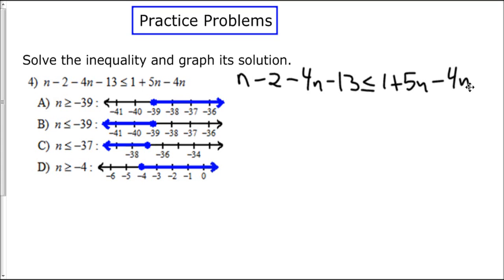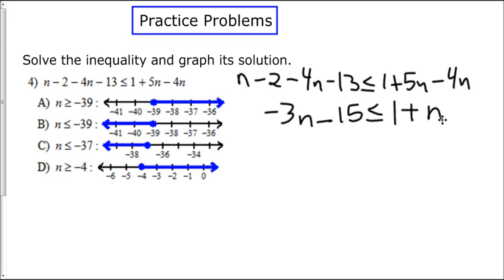I really want to make sure I simplify both sides of the inequality first before I do anything here. So I've got n minus 4n, that's a negative 3n. This is a negative 2 and a negative 13, that's negative 15. That's going to be less than or equal to positive 5n minus 4n, that's a positive 1n. So 1 plus n.